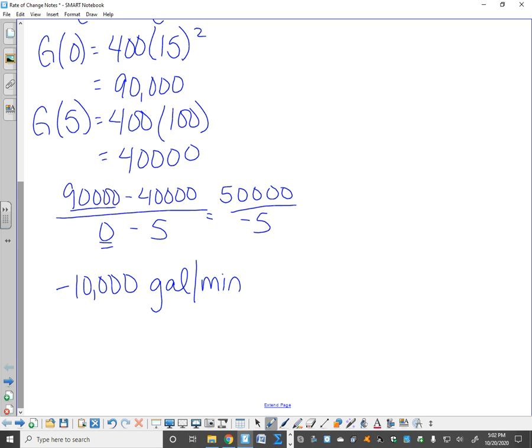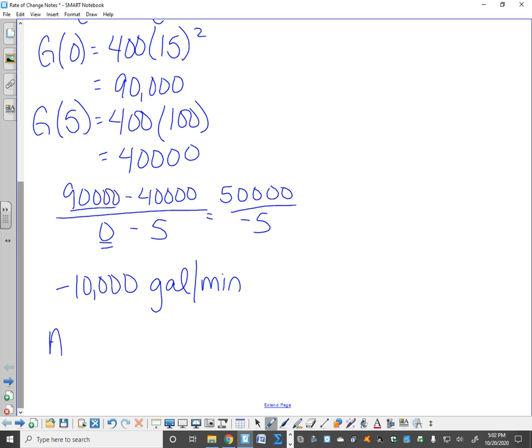So you could have totally screwed up your 10,000, lost your negative, done it completely wrong. But if you have the correct units of measurement, you are showing an understanding about what you're finding, even though you found it incorrectly. Maybe you made a little algebra mistake. You can still get a point for your units of measurement.